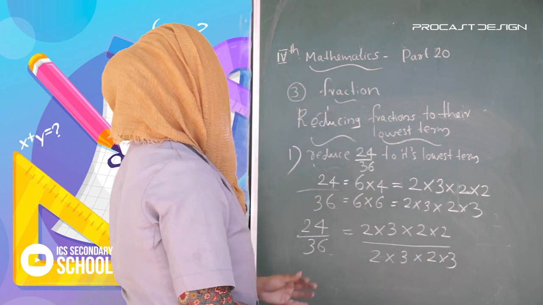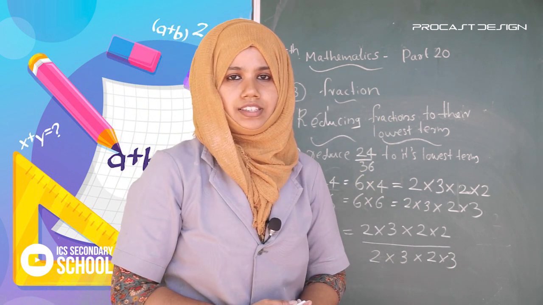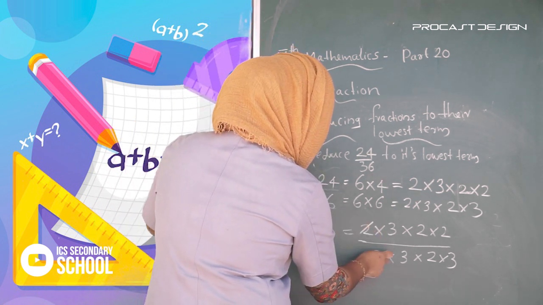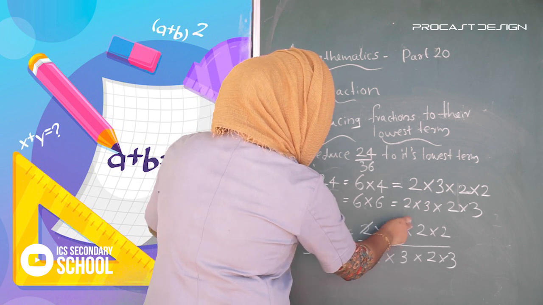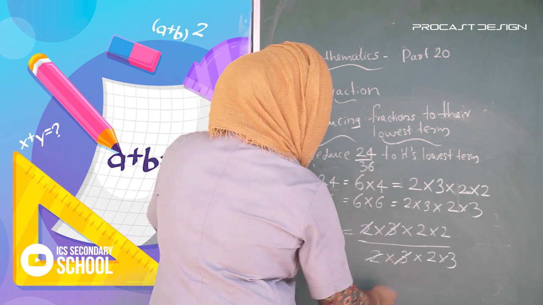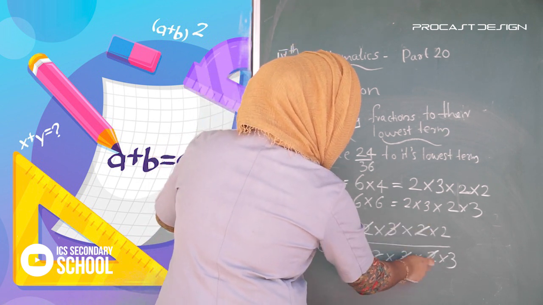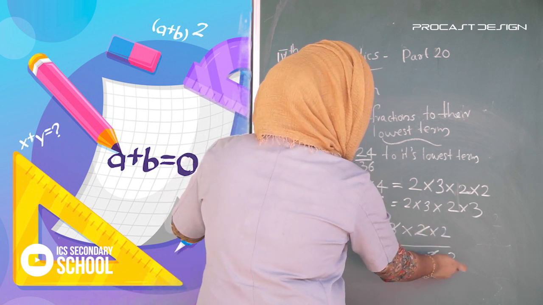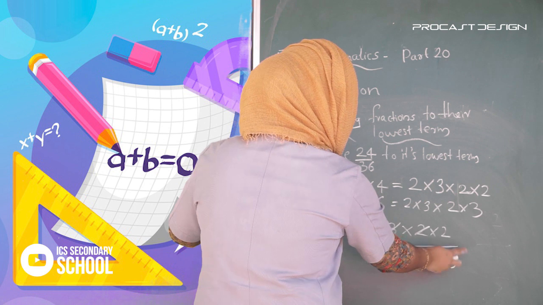We can reduce by cancelling the common factors. How to cancel? Here the 2's are cancelled. Next cancelled, here 2 and 2. Next, here there is no 2 for cancellation and there is no 3 for cancellation.